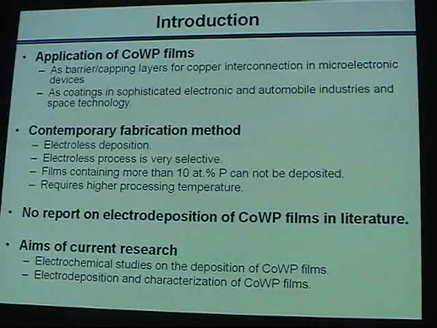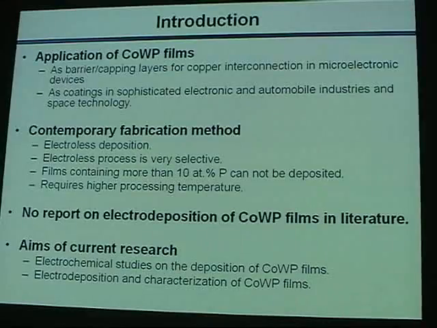So now there is immense interest in copper wiring. But the problem with copper wiring is that copper is a more reactive metal than aluminum, it oxidizes very fast, and it diffuses into the silicon oxide layer.